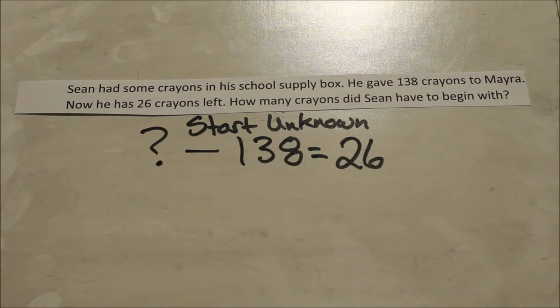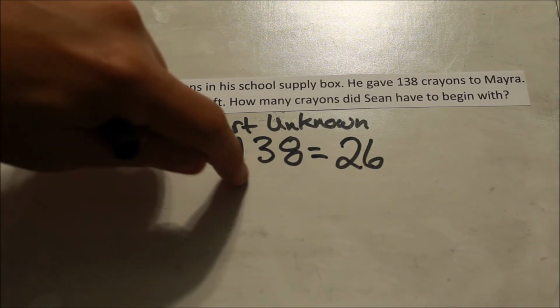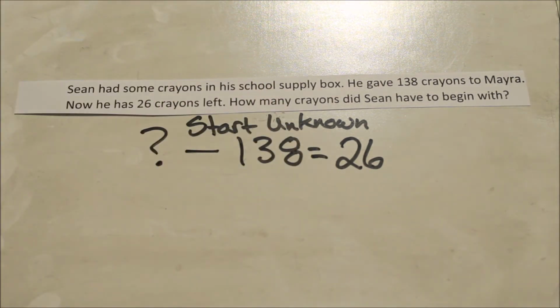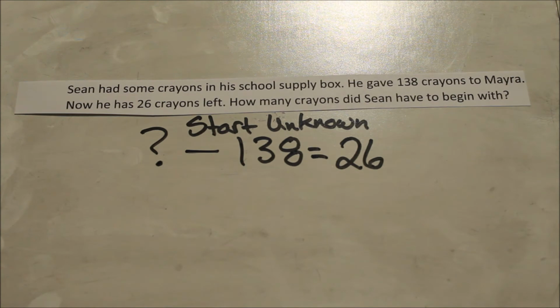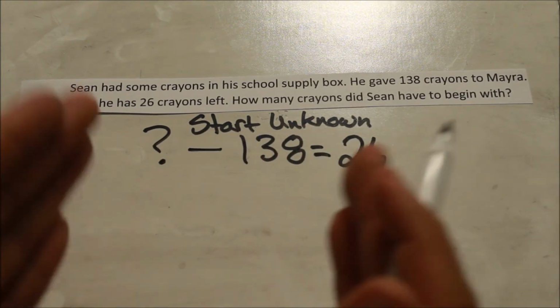So how do I solve this? Well, if this was asking for the equation, this would be my answer. Question mark minus 138 equals 26. But since I'm asking for the answer, I would have to do this instead. I take my number and I flip my equation.